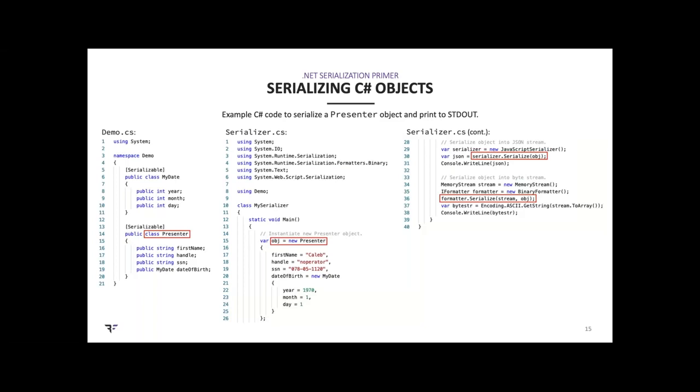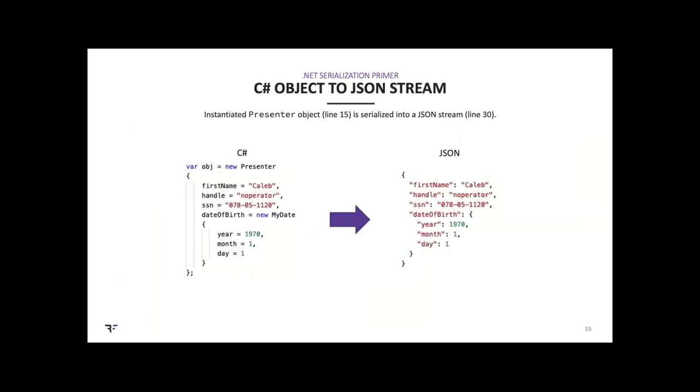And then finally, I'm taking that object that I instantiated and serializing it first as a JSON stream, but then also as a byte stream, because I want to show you what both of those look like. Here's the JSON stream. You can see the object that I instantiated in memory, and then what it looks like when it's been serialized as JSON. And it looks pretty similar. You can see all of the attributes that I assigned to this object.